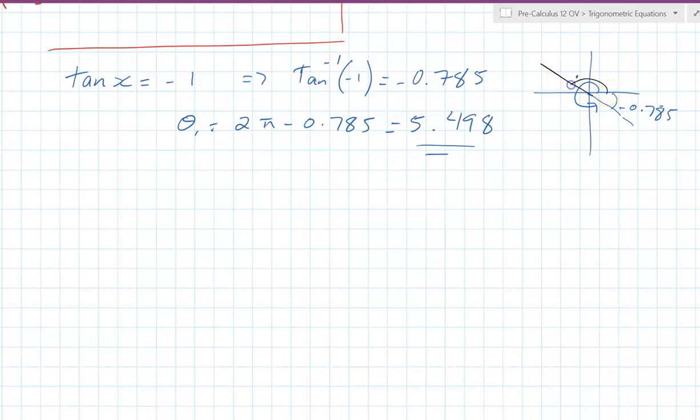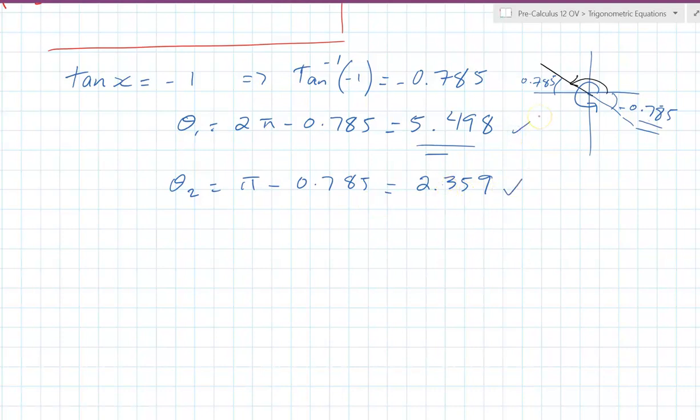That means this is the angle that we want, but it must have the same reference angle as 0.785. So theta 2 is pi minus 0.785 again, and in this case what we will have is 2.359. Now you can truncate it to 2 decimals if you want, or leave it as that.